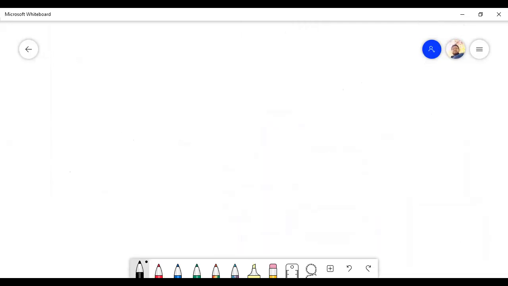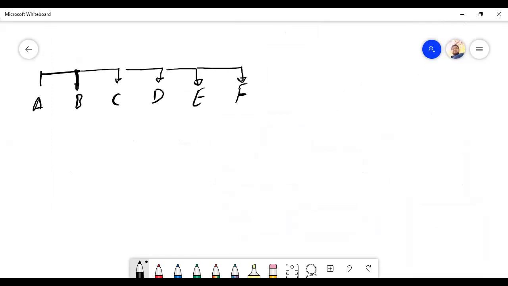Okay, another example: A, B, C, D, E, F, right?